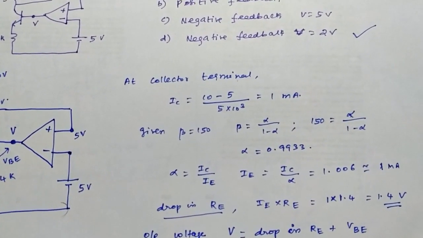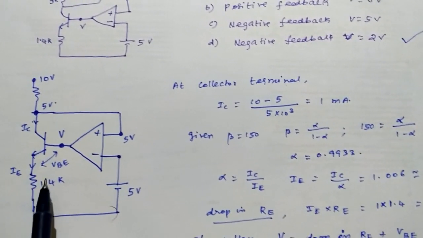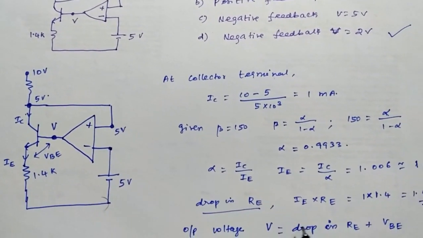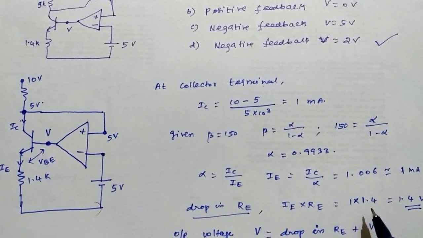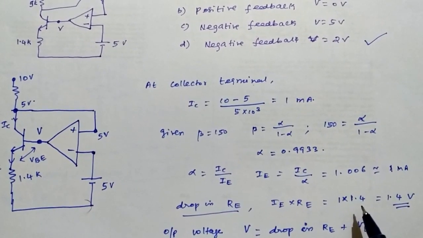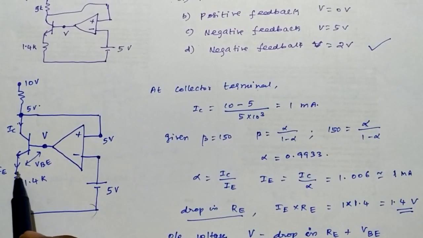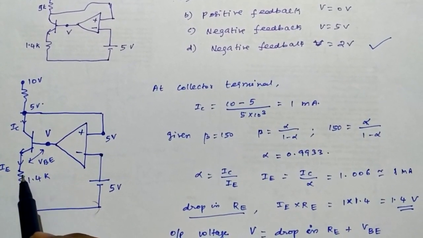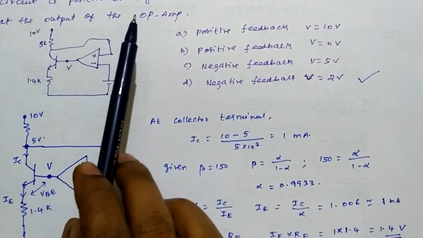So therefore voltage drop across this emitter resistance is IE into RE, that is 1 milliampere into 1.4 kilo ohms, that is equal to 1.4 volt. So this resistor has a drop of 1.4 volt. Now here the question is, what is the output voltage of the amp?